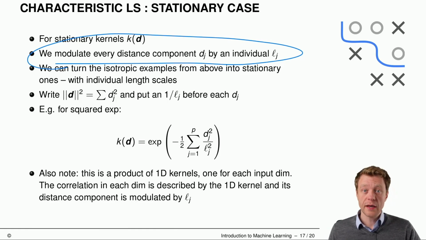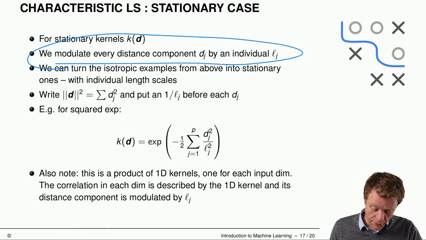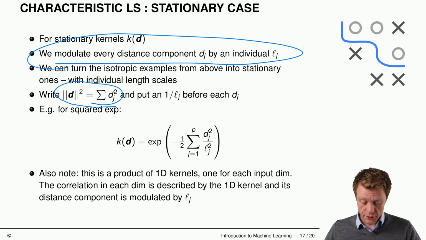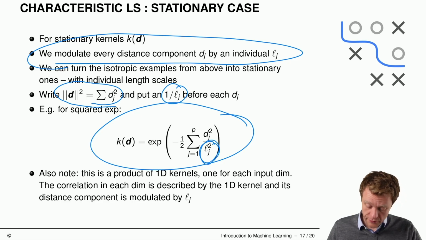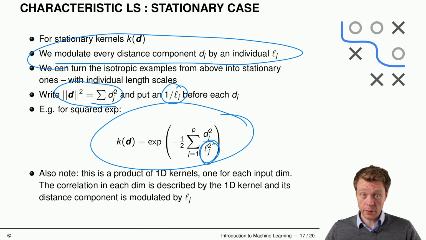So, of course, if we have an isotropic kernel, we can also write it as a stationary kernel, where we don't directly write it as a function of r, but a function of d. And if we do this, we can just put a 1 divided by Lj before each distance component, so that we modulate each unique distance component by a different length scale.